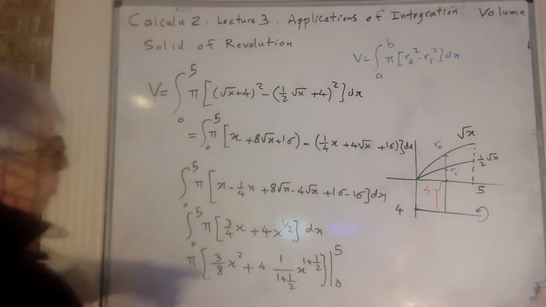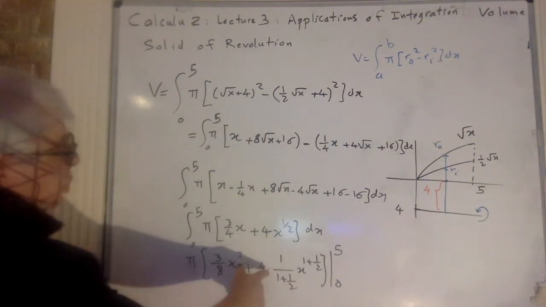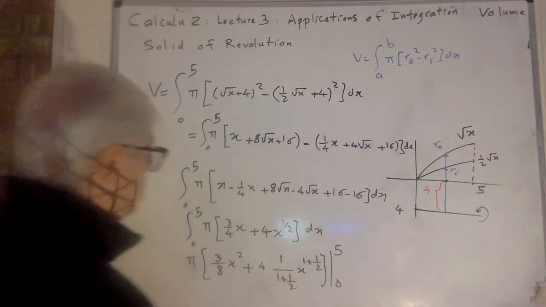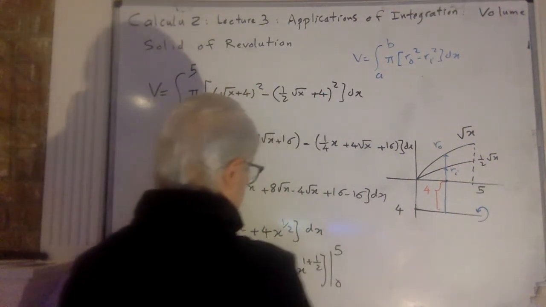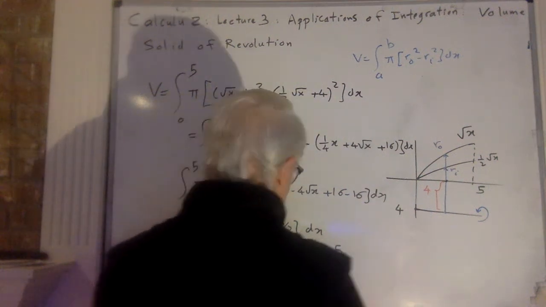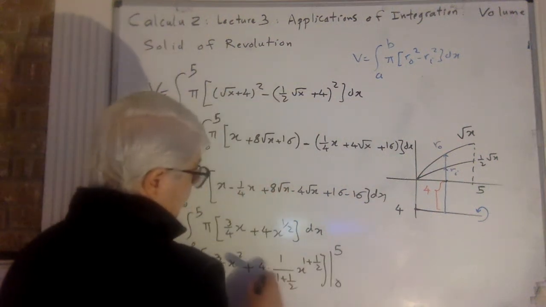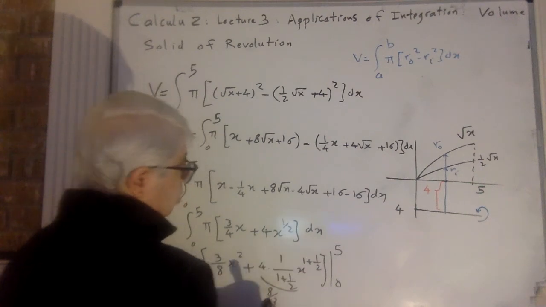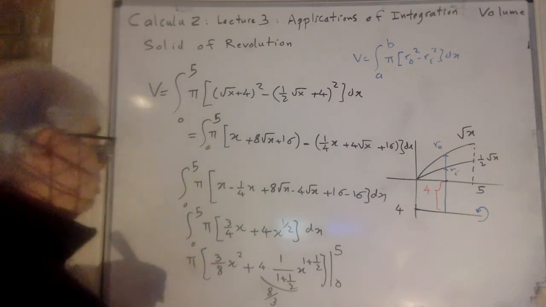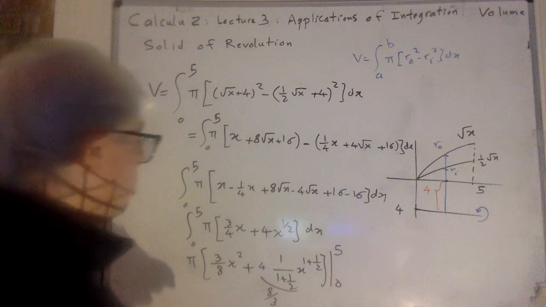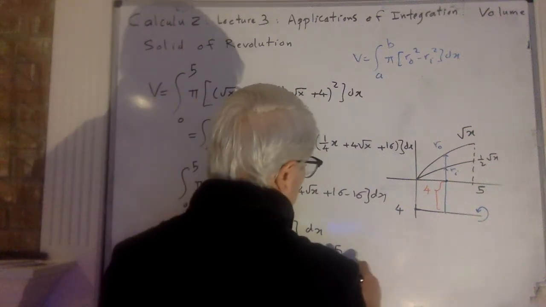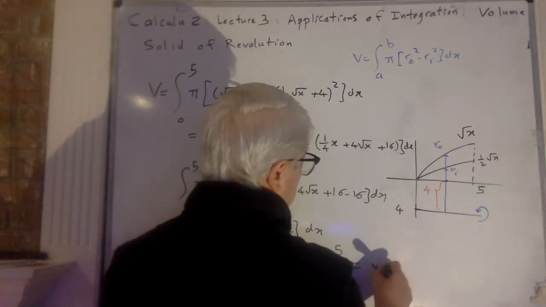Okay, so this is 2/3. 2/3 times 4, that's 8/3. So this whole thing is 8/3 x to the power 3/2. And that's it. So you can now find this thing, and you do it.